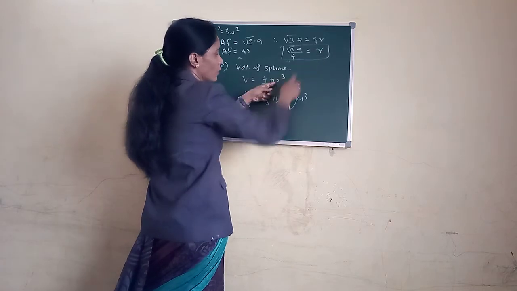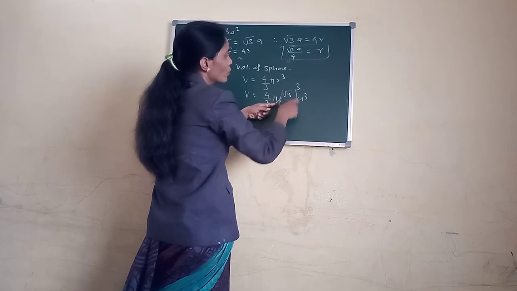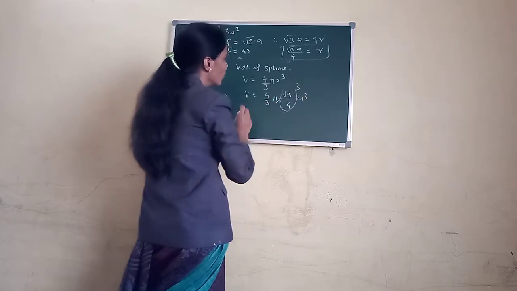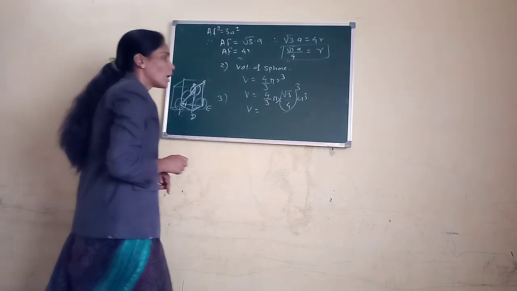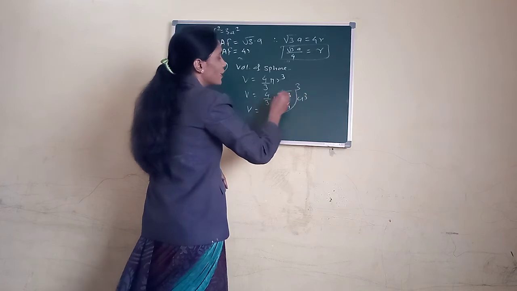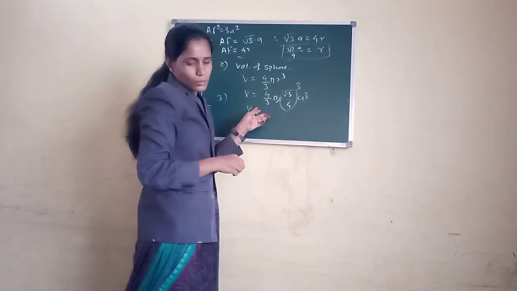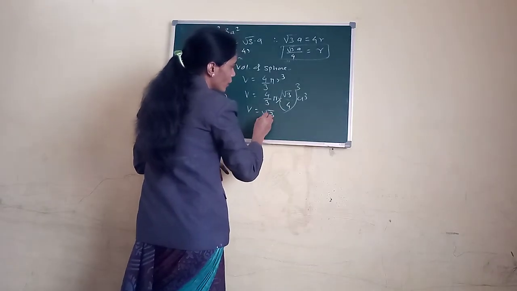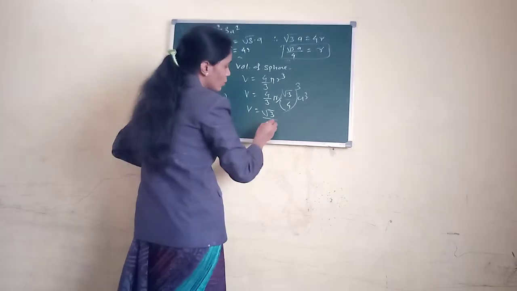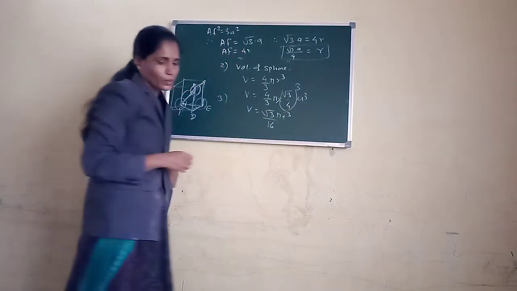Put this value of R, under root 3 upon 4 having cube, 3 cube and a cube. By this simplification, we get the formula under root 3 upon 16 pi a cube.